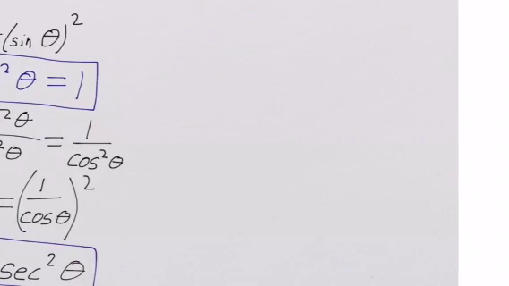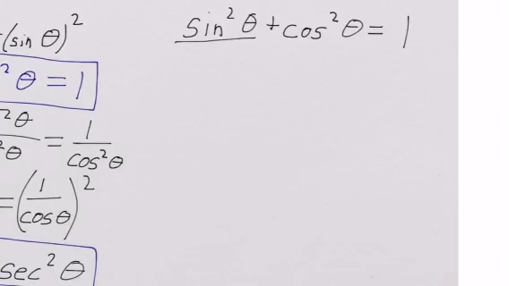So now what's going to happen if I take that same identity, sine squared theta plus cosine squared theta is equal to 1, and now I'm going to divide everything by the sine squared of theta.